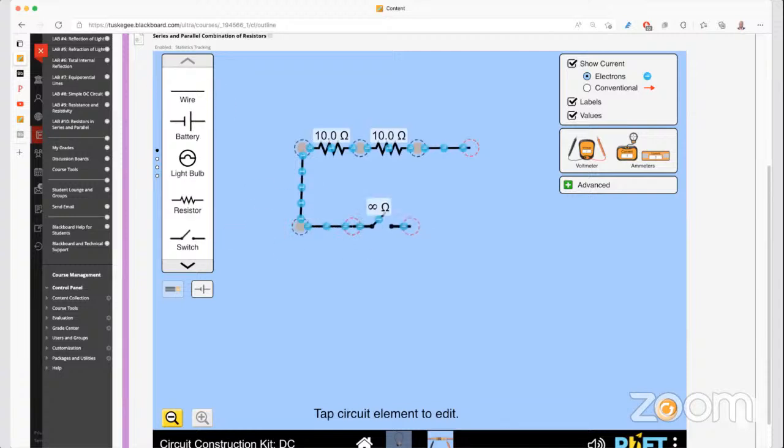And then here, I'll add a switch, battery, then close it off. I click on the switch, see the effect of on and off.